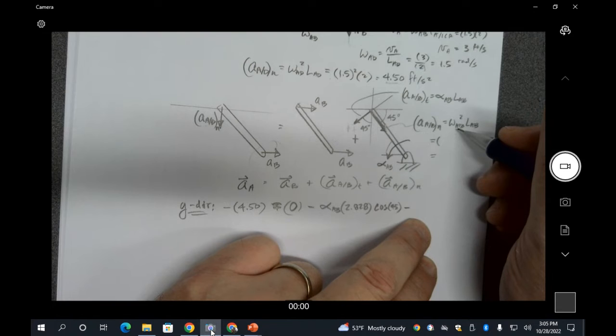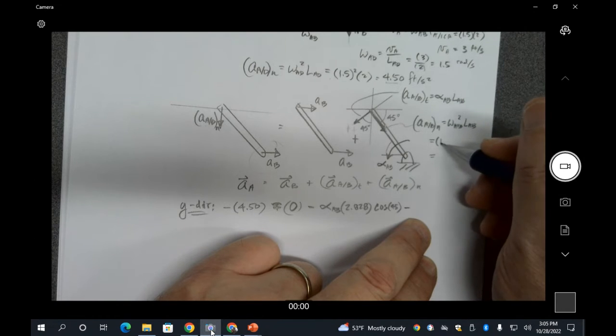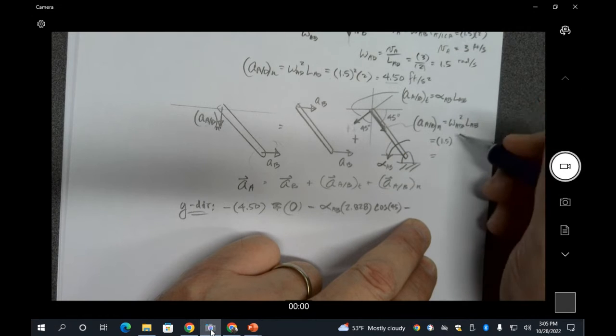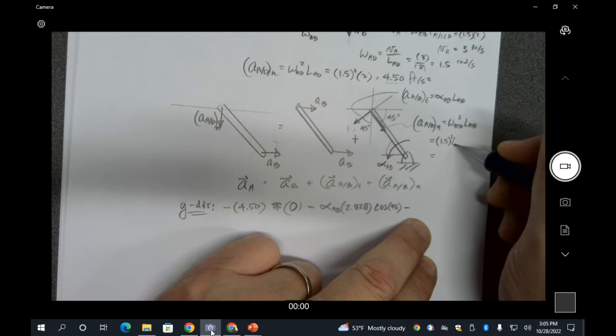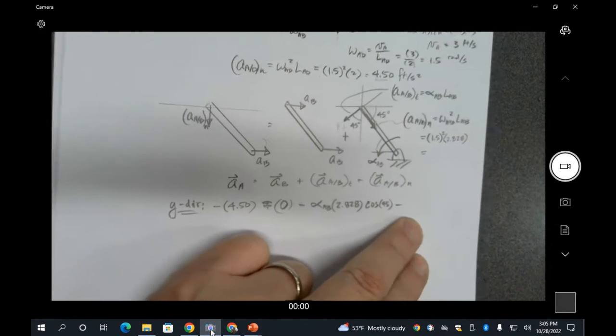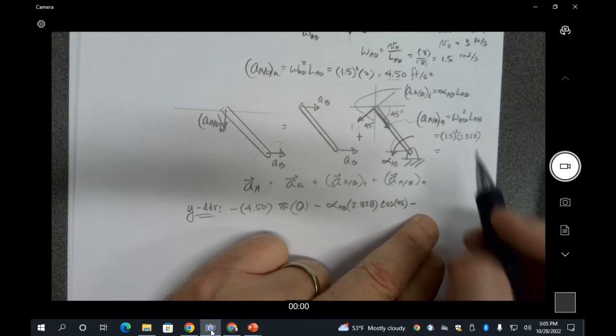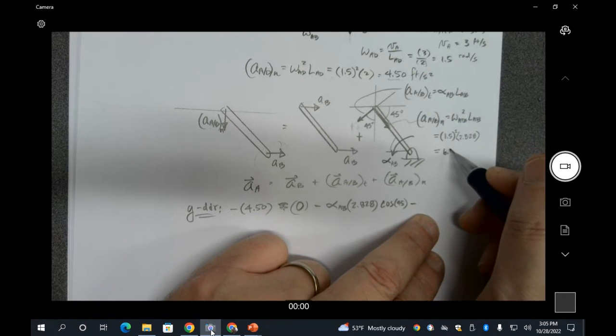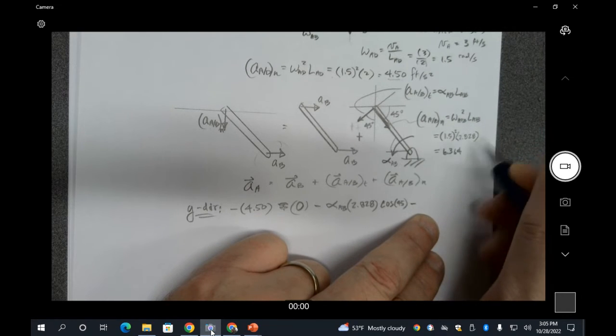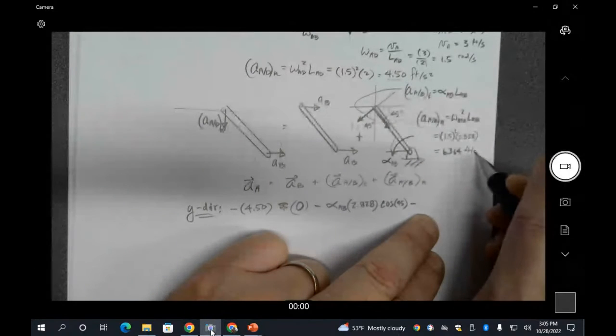So omega AB we found to be 1.5 radians per second, and the length of AB was 2.828. So if we take the 1.5 and square it and multiply it, we end up getting 6.364 feet per second squared.